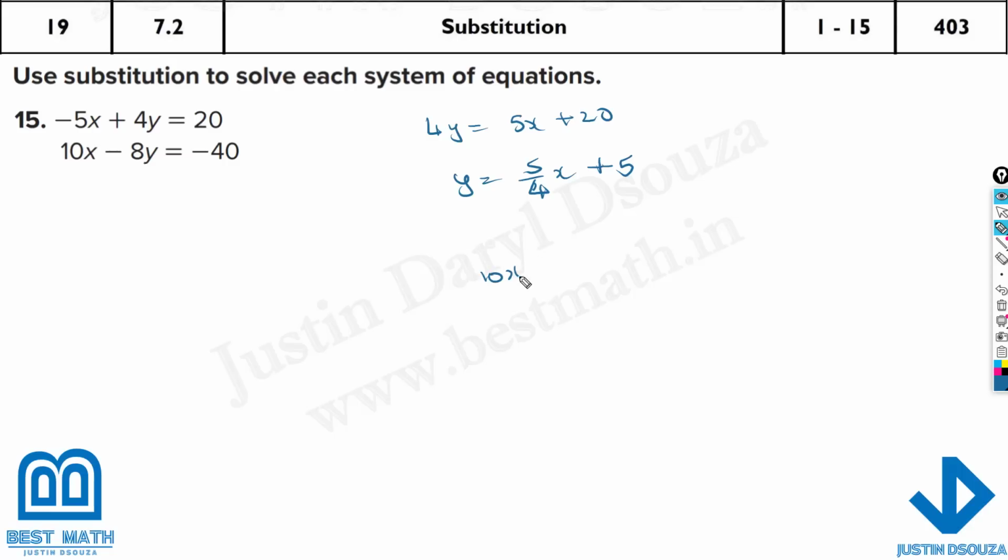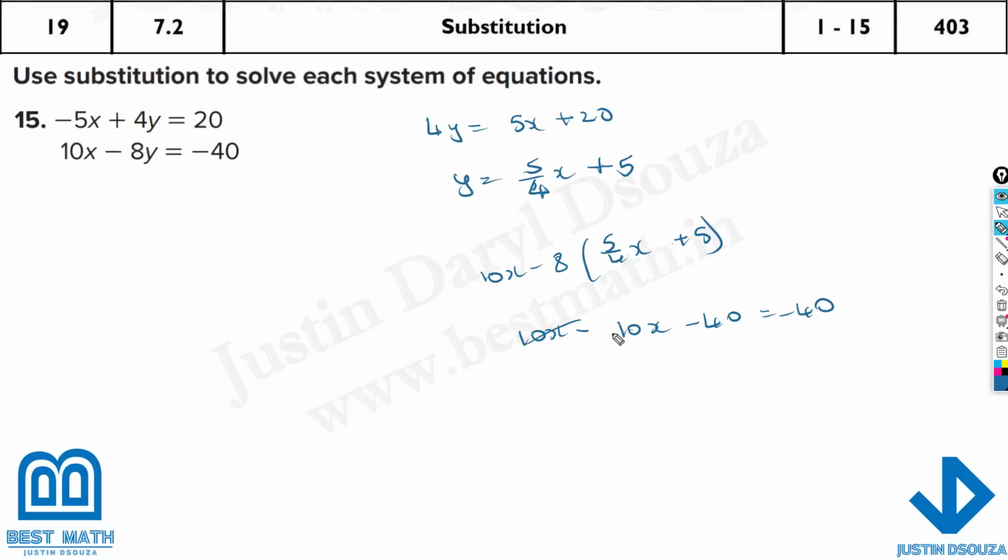So it's 10x minus 8 times 5/4 x plus 5. Here it will be 10x minus 4 times 2 times 5x, 4 times 2 is 8 times 5/4, that is 10x, and over here again 5 times 8 is minus 40. So it is equal to minus 40 as well.